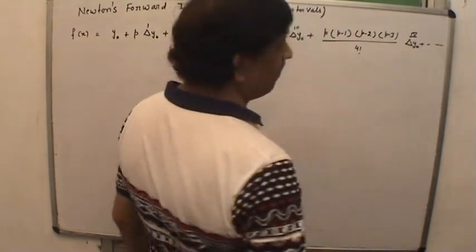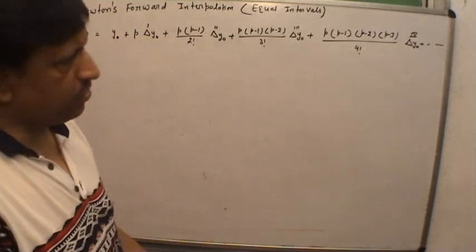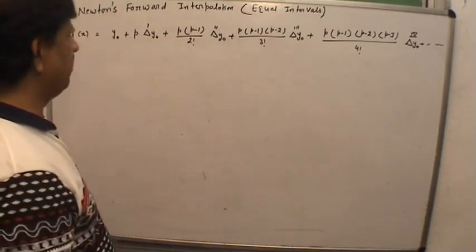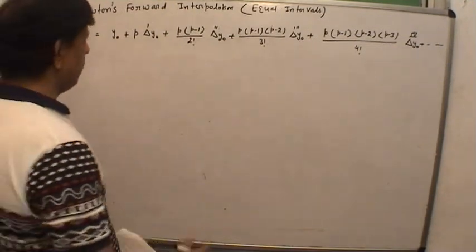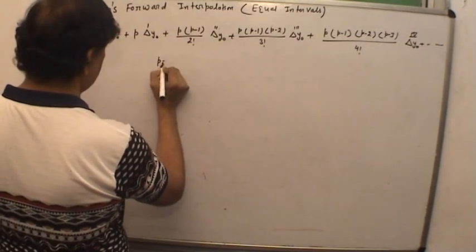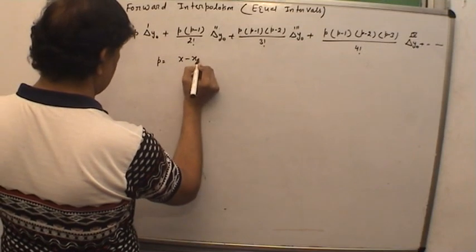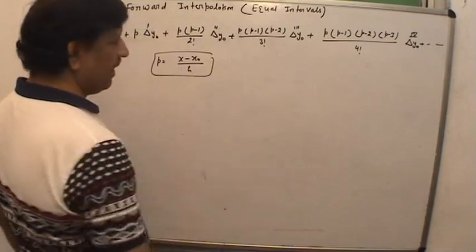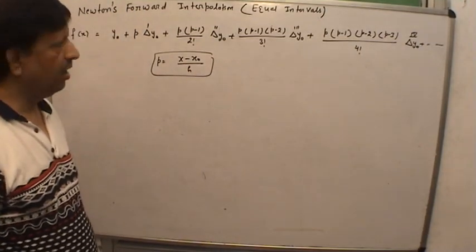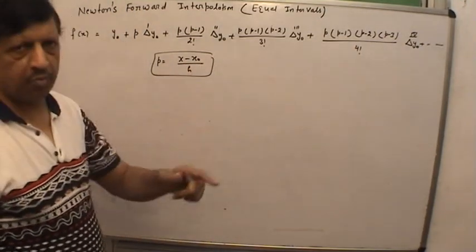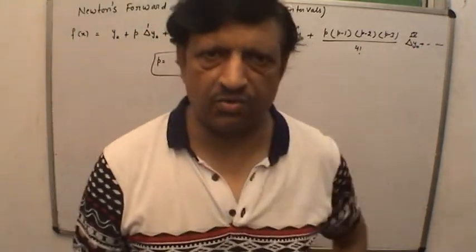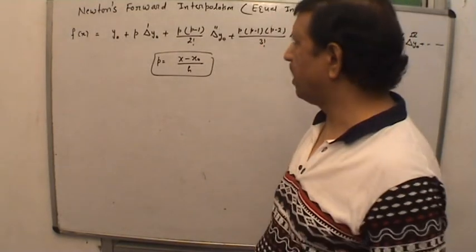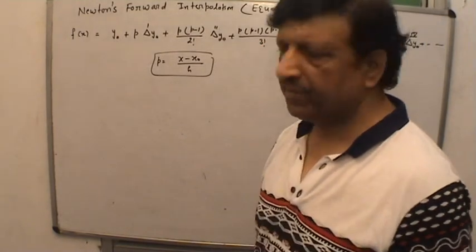We can extend or reduce the formula according to the given data. Here p is any constant. What is the value of p? P is equal to x minus x0 divided by h. Who is x? X is the point of interpolation, and x0 is the point from where the data begins, or we can say it is the initial point of the data, and h is the height of the given data.